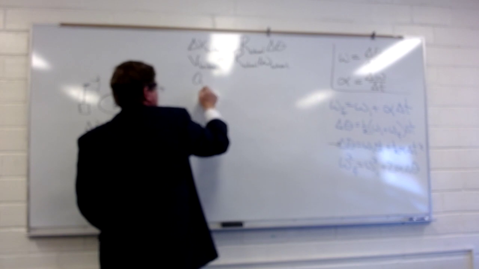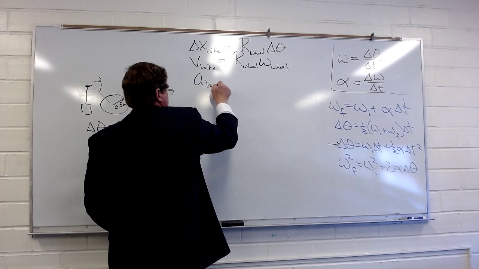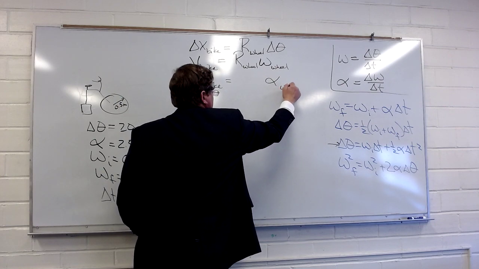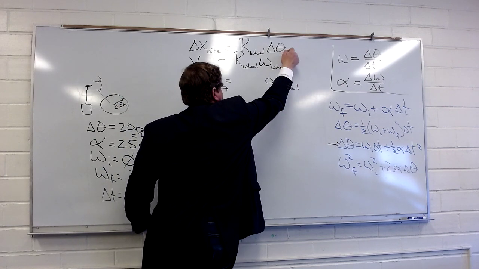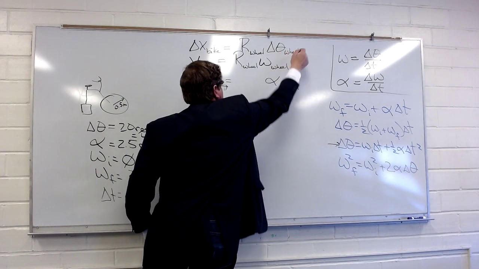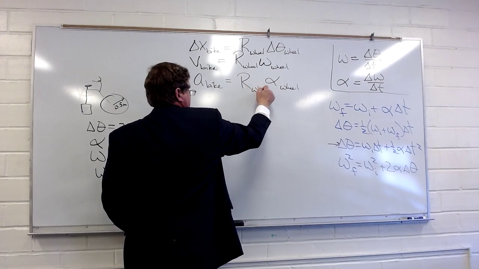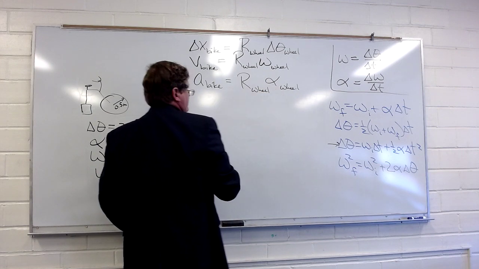And the linear acceleration of the bike is going to be related to the angular acceleration of the wheel, again the fudge factor being the radius of the wheel.